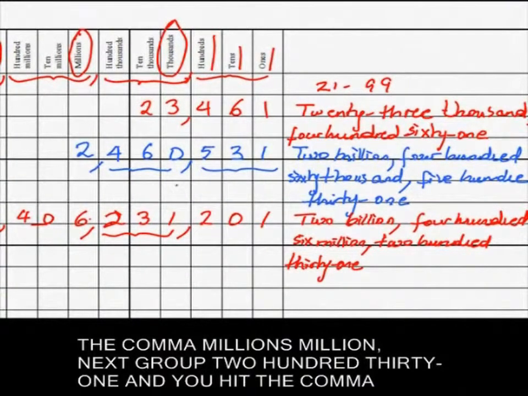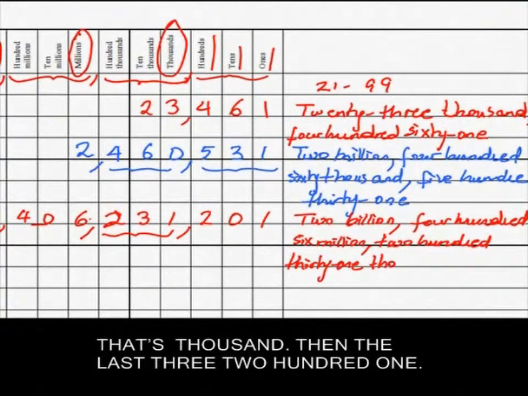And you hit the comma, that's thousand. Then the last 3. 200. One.